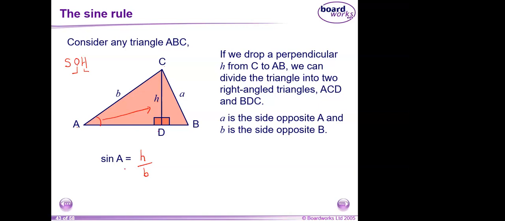Yes. Now, members, do you agree that H is the same as B sine of A? I have sine of A is equal to H out of B. Multiply by B this side. So you end up with B sine of A is equal to H.